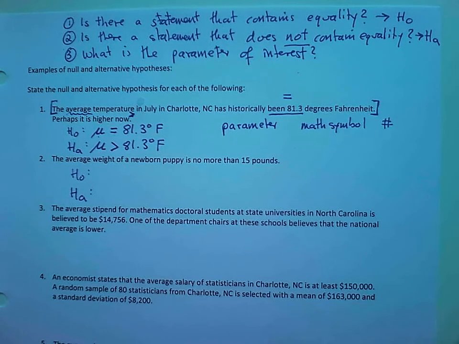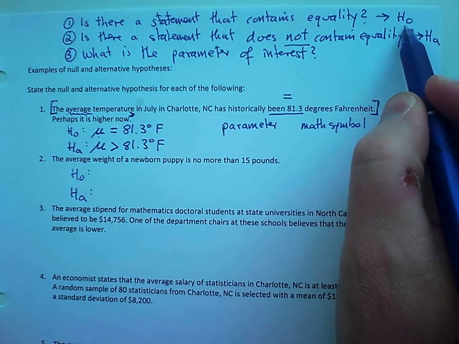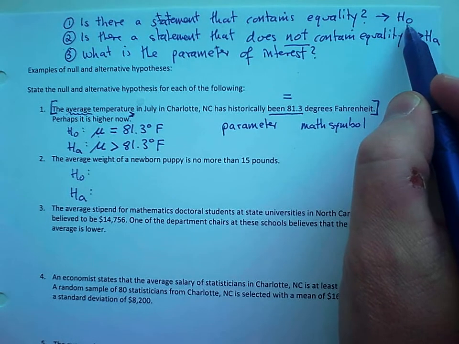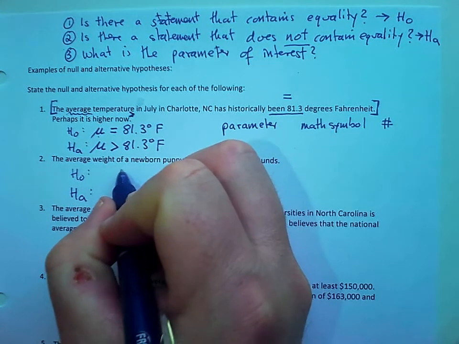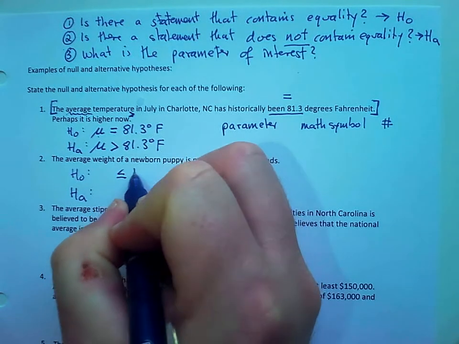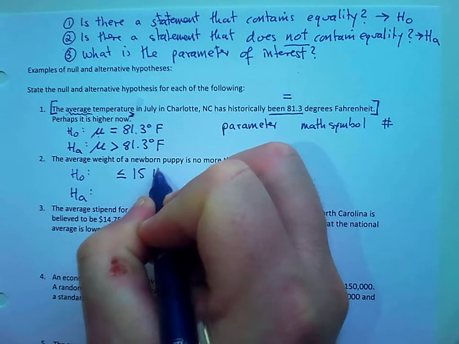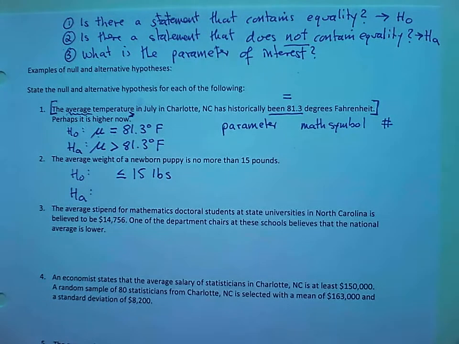So therefore, this puppy's weight has to be less than or equal to 15 pounds in order to be no more than 15 pounds. And less than or equal to 15 pounds is a statement which contains equality. So therefore, that's going to become our null hypothesis. So we're going to have less than or equal to 15 pounds as our null hypothesis.